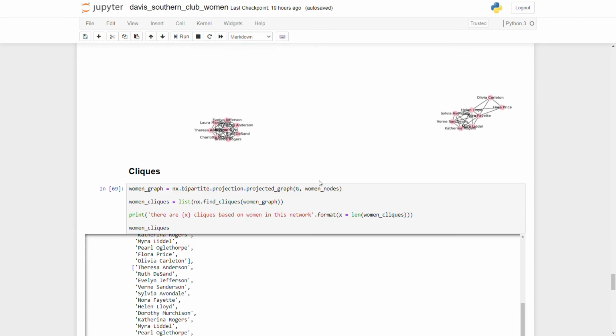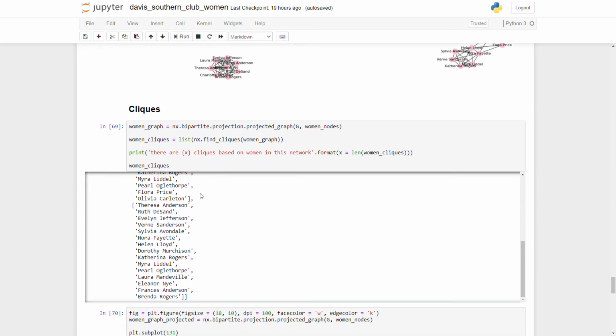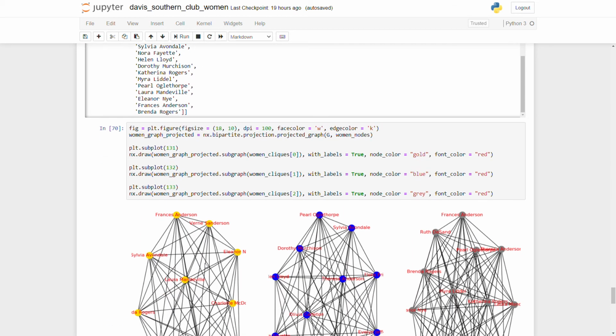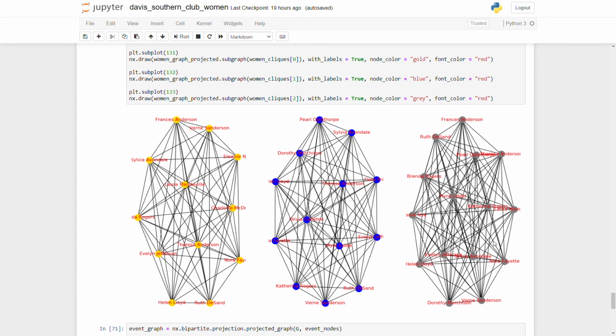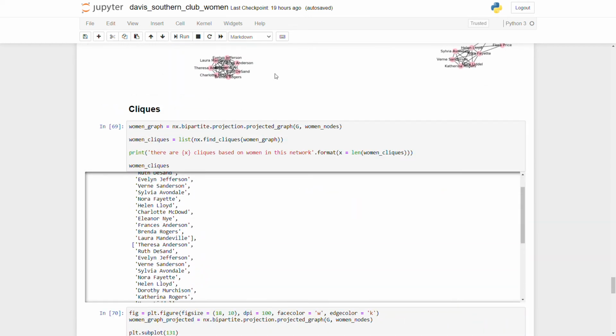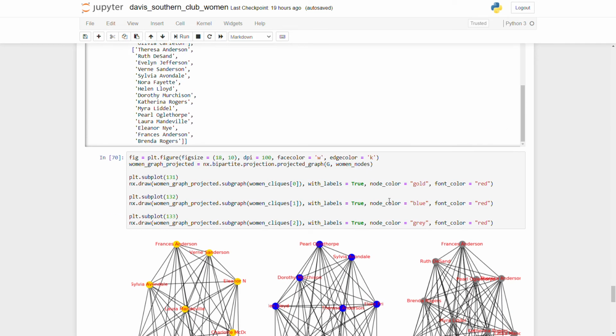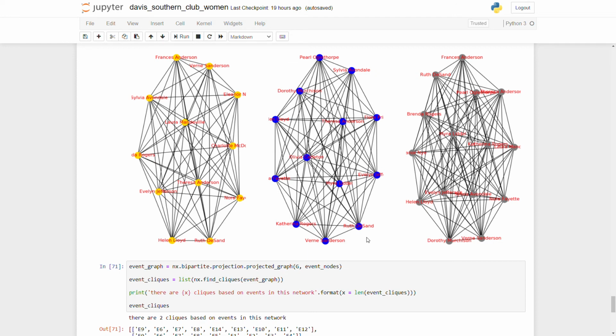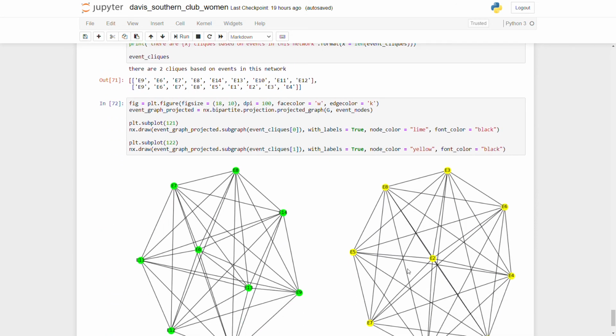And then we look at some of the different cliques in the graph. You can see there's a few main different cliques here. They should look pretty similar to the ones I've identified above. And then event cliques, it classifies them as 2.